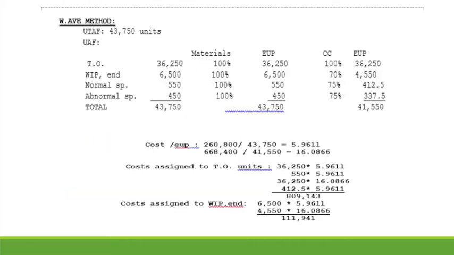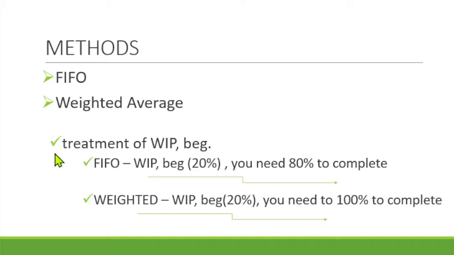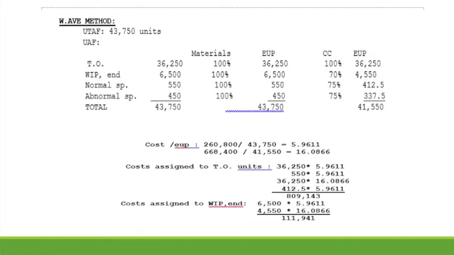Pero dahil nga sa weighted average method, paulit-ulit kong sinasabi na kahit napayaan ay 20%, ibinabalik mo siya doon sa 0% level niya dahil weighted average. Hindi mo siya itinutuloy. So therefore, ang treatment mo dyan sa transferred out, ang materials mo dyan ay 100% pa din ang effort na gagawin mo dyan. Okay? So therefore, ang EUP mo, dahil 100% yan, i-forward mo lang po itong items na ito. 36,250, 65, 550, 450. Therefore, your EUP as to materials is 43,750.